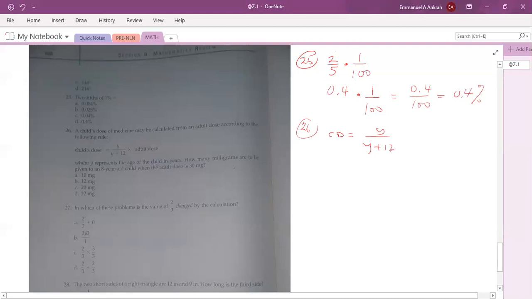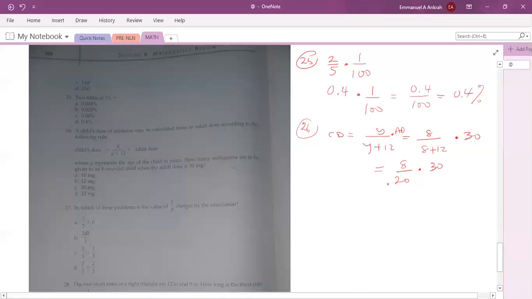So we have 8 over 8 plus 12, times, I left something out here, times the adult dose. So we multiply this by the adult dose, and the adult dose is 30 milligrams. So order of operations, you have to work this out first. So 8 over 20, then times 30.